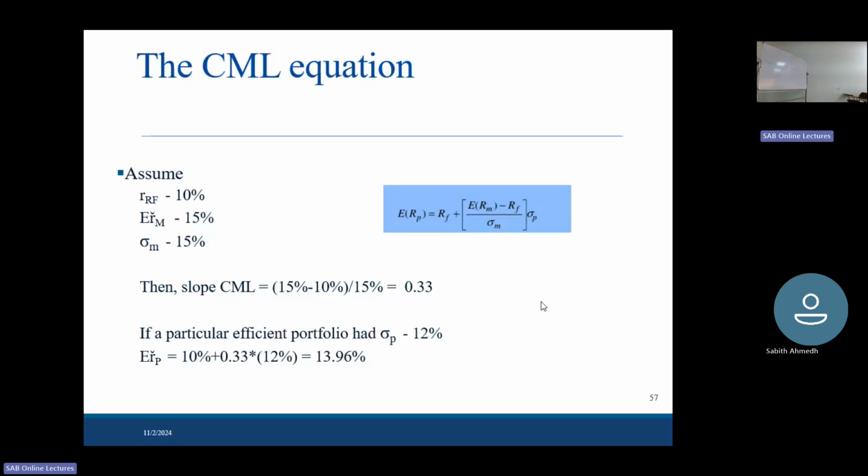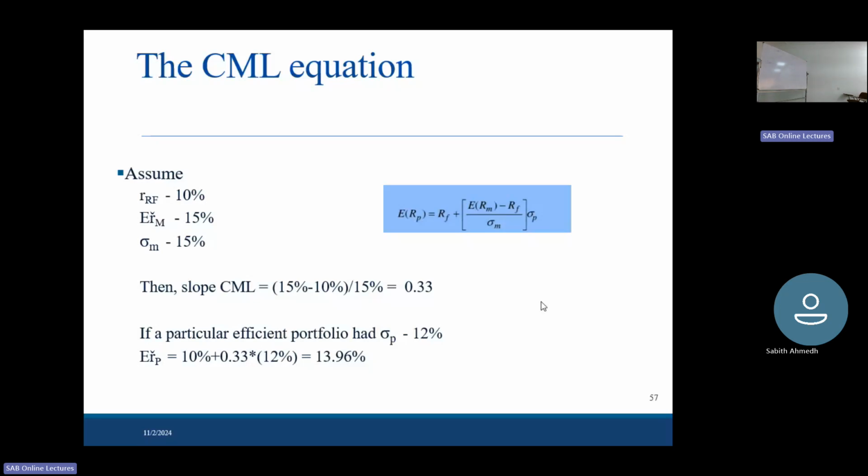If the portfolio is on the CML, the portfolio is efficient. Based on the CML slope, you can estimate the expected return, which correctly reflects the price of systematic risk.